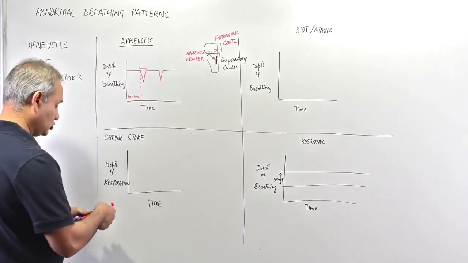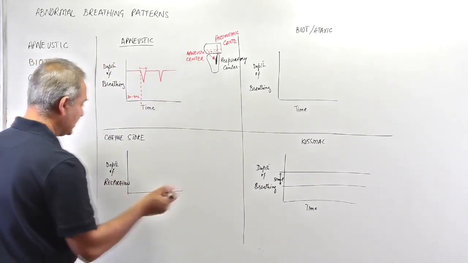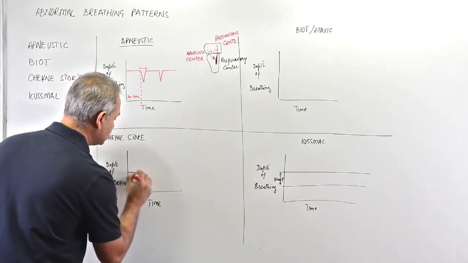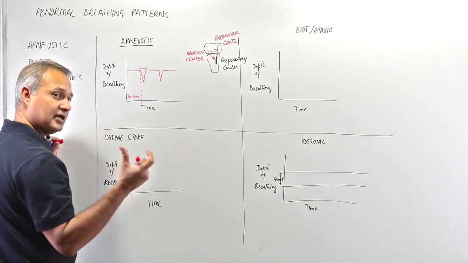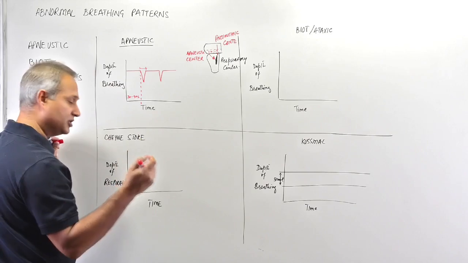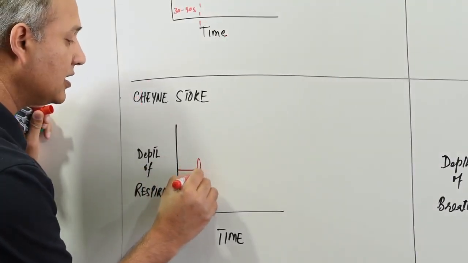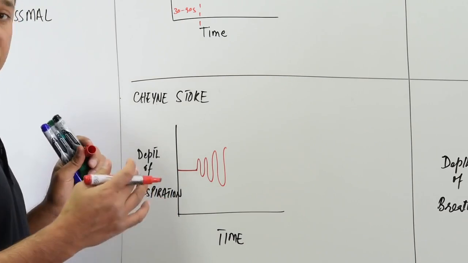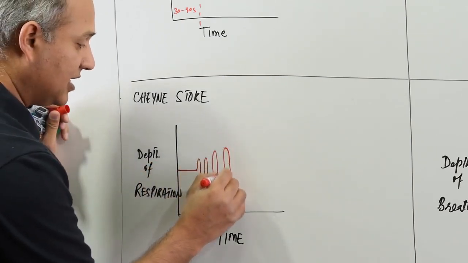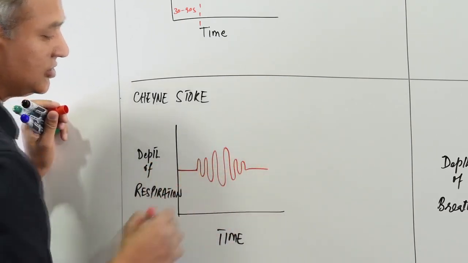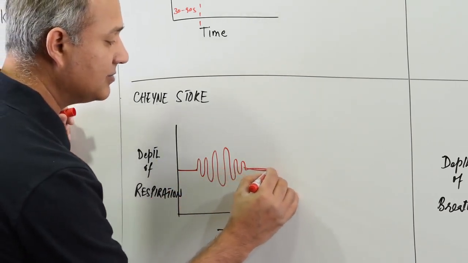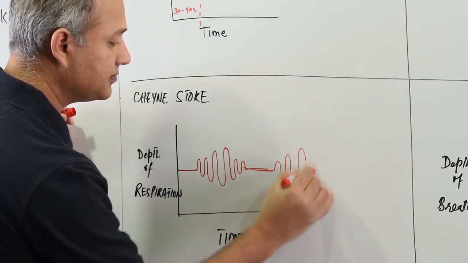Then there is Cheyne-Stokes breathing. Here is the pattern. There is apnea, a gap where there is no breathing. Then slowly the breathing increases, tidal volume increases. Then it starts reducing again till it reaches another phase of apnea. Then the same cycle starts again.